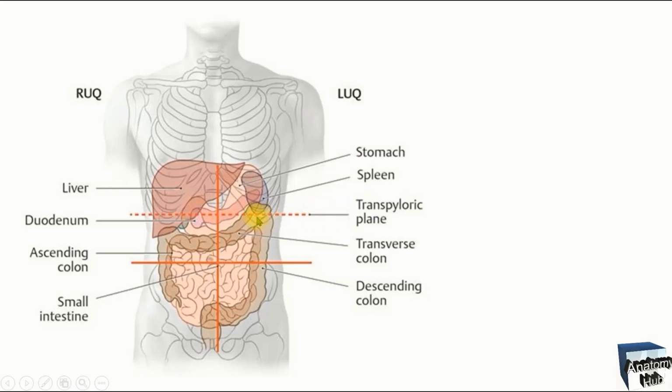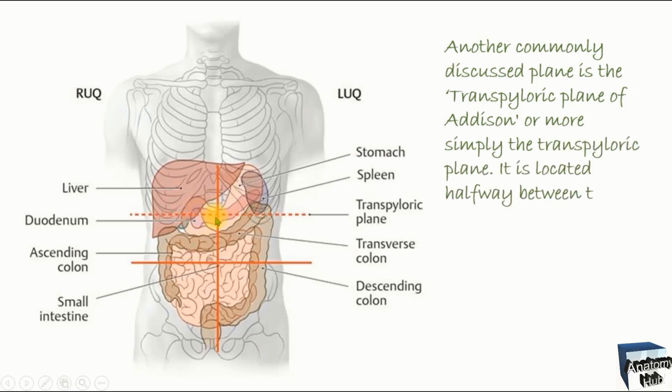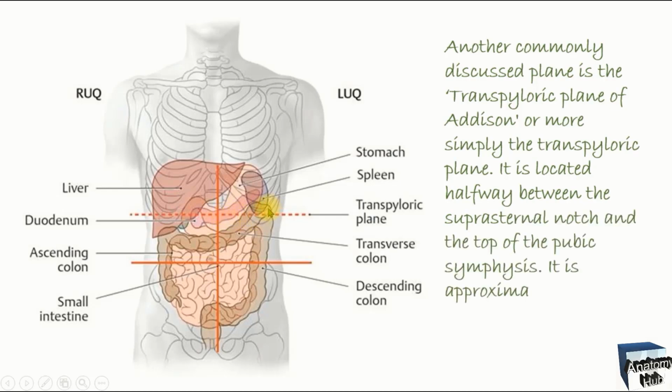Here you'll find the pylorus part of the stomach, the ampulla of the duodenum, the celiac trunk, the superior mesenteric artery, and the origin of your portal vein, and the neck of the pancreas, and the left colic flexure of your large intestine.